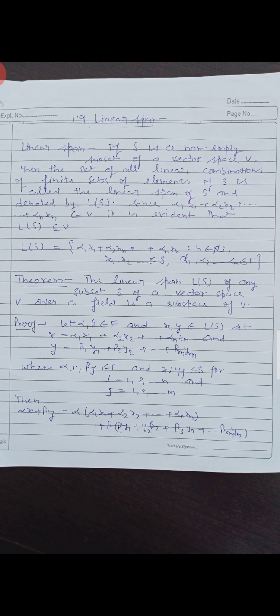That is equal to alpha of alpha 1 x1 plus alpha in bracket alpha 2 x2 plus and so on alpha n xn plus beta in bracket beta 1 y1 plus beta 2 y2 plus and so on beta m ym.